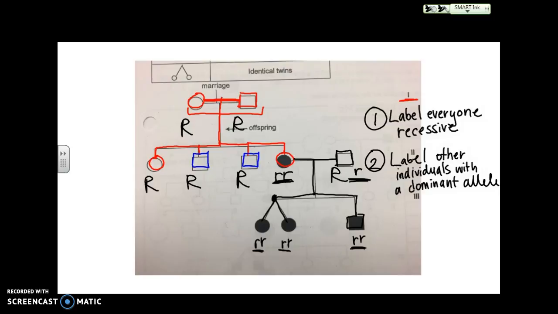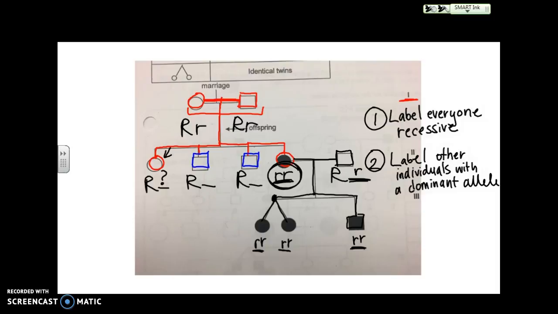Now I'm going to pop back over here. I don't know what the alleles are yet for the 3 siblings on the left side. But I do know that this daughter was little r. Who did she get those little r's from? Each one of her parents. So each parent from the first generation was big R, little r. What did they give this daughter?